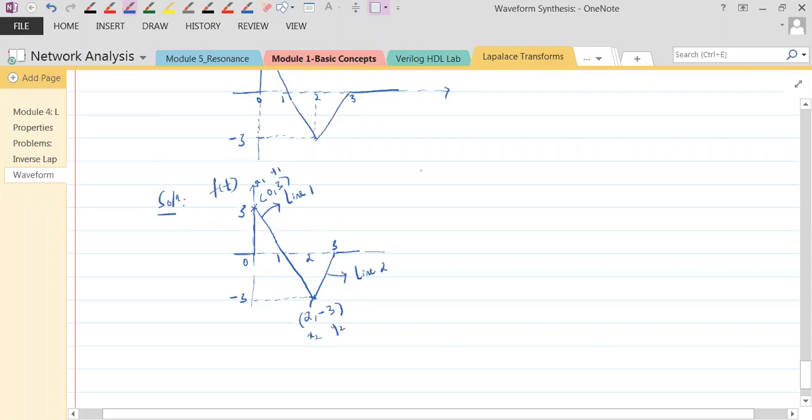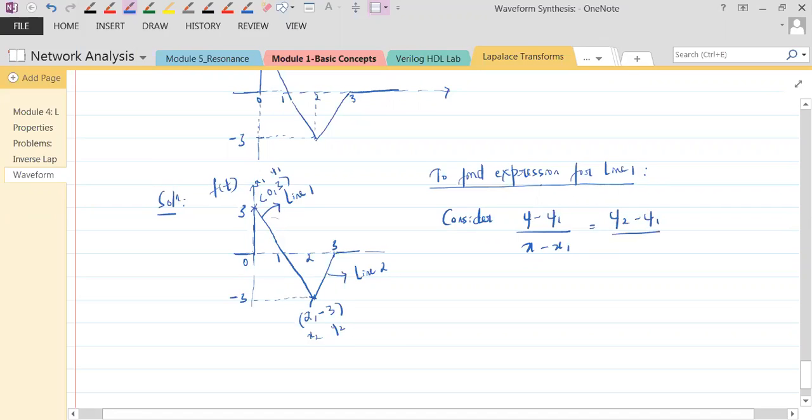So what we do now is to find the expression for line 1. What is the equation that we use to find the equation for lines? It is this. Everybody do this. Consider y minus y1 divided by x minus x1, equal to y2 minus y1 divided by x2 minus x1.